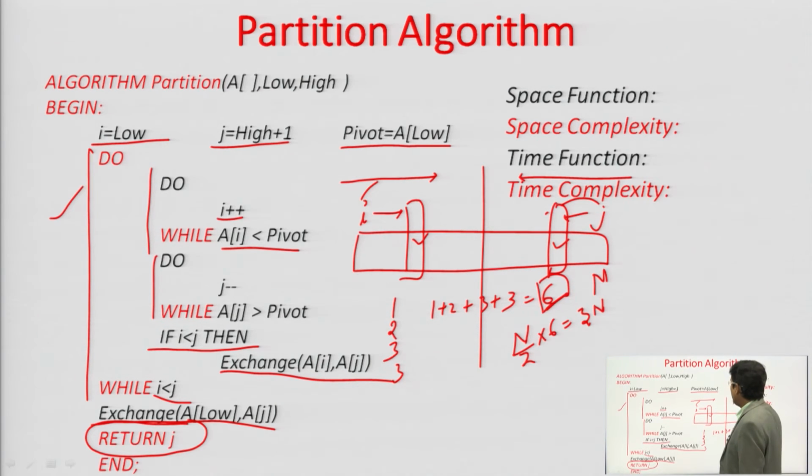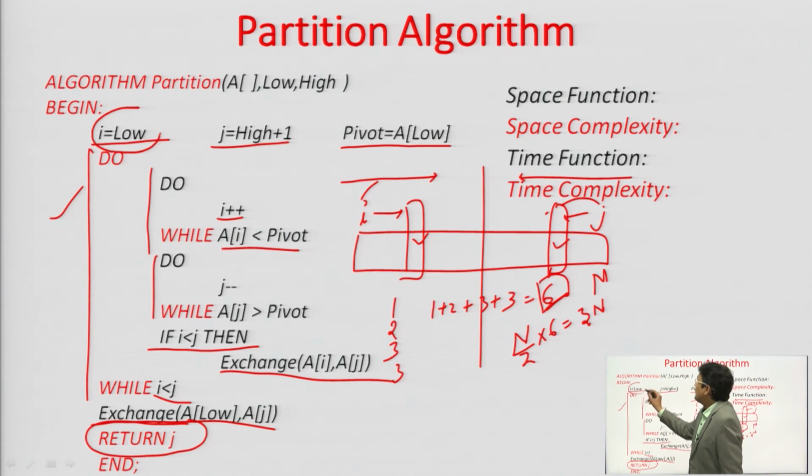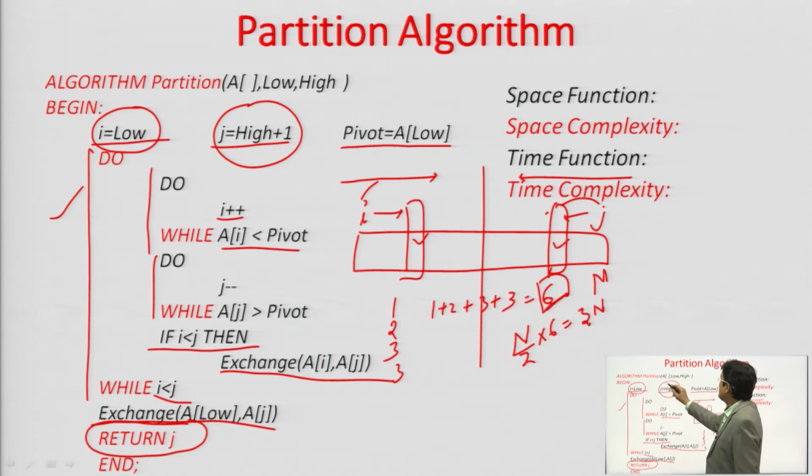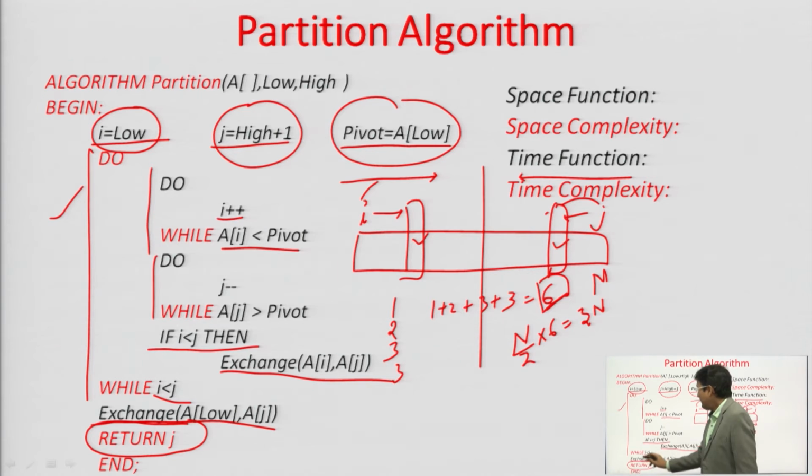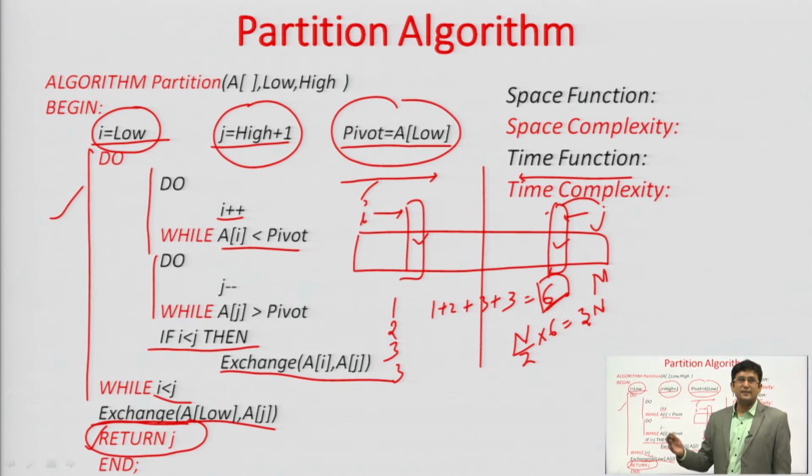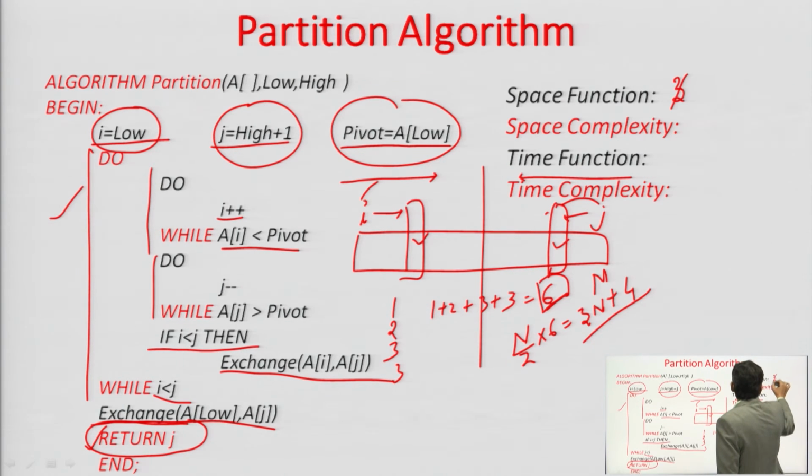Now, there are some statements which are compulsory and are not in the loop, for example, setting up these values and then the return of j. So, there are 4 statements which are extra to the loop. So, 3n plus 4 operations in total are performed. So, the time function of this would be 3n plus 4, and the time complexity can be written as theta n.